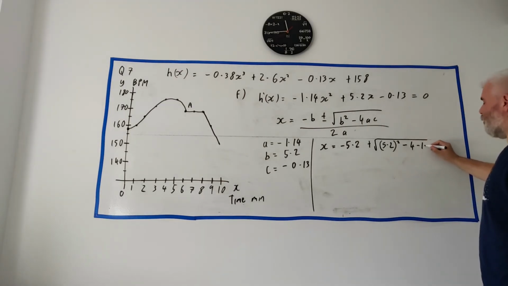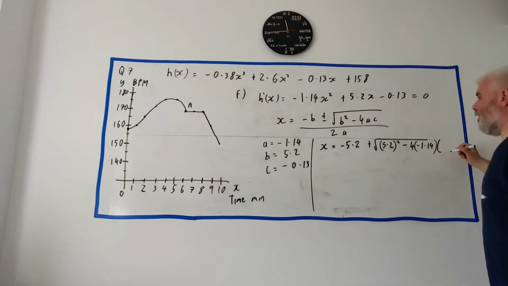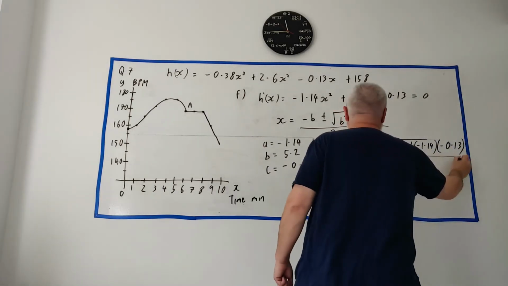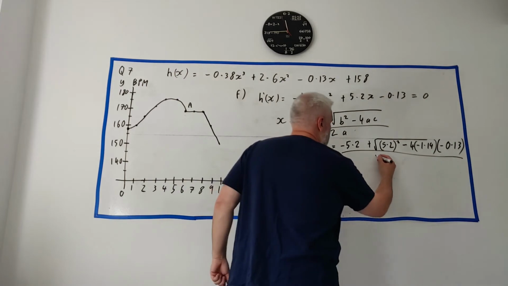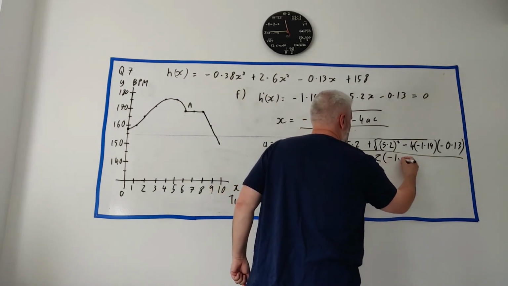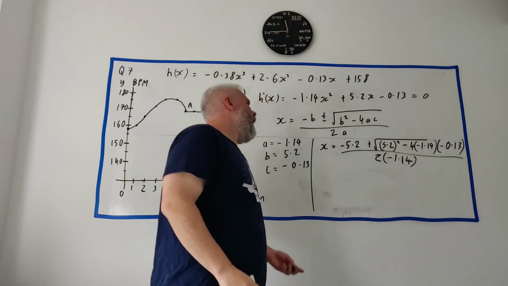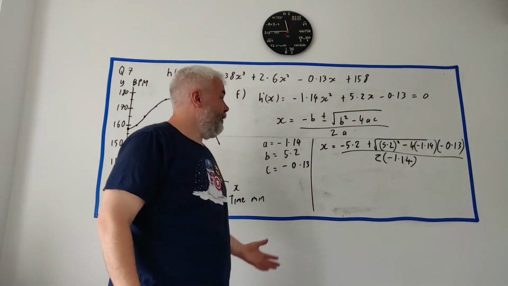I'll put a bracket around the a because it's a minus, and then times c, minus 0.13. All of this is divided by 2 times a, which is 2 multiplied by minus 1.14. Okay, if you're really good at calculators, go ahead and put all that into a calculator.